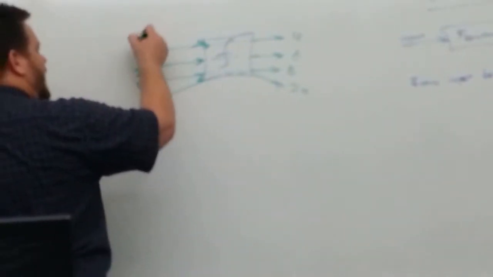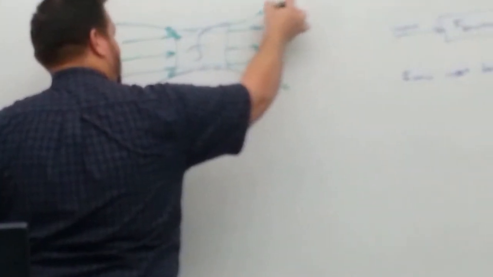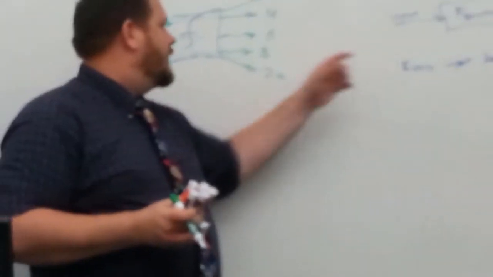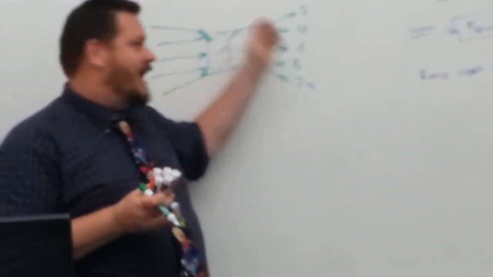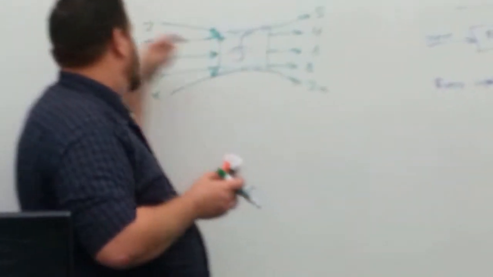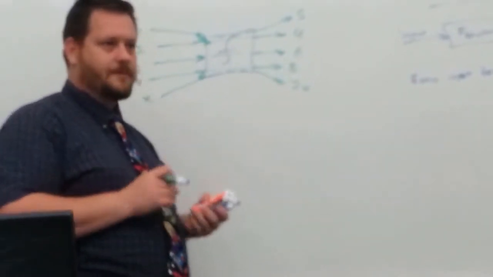What happens if I plug in a 2 again, and this time I get a 5? No, it's supposed to be a 4. Whatever this is, if I plug in the same input and I get 2 different outputs, it's not a function.